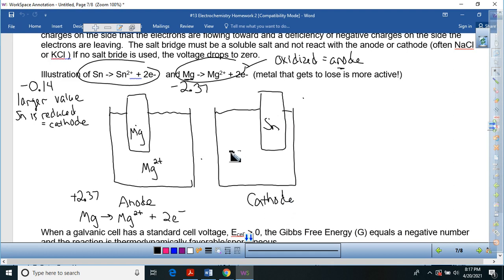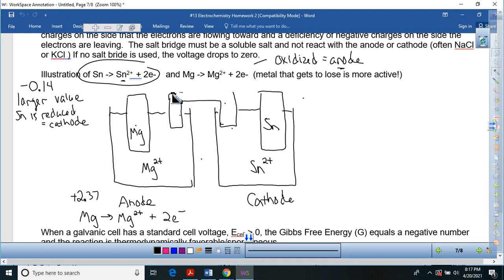And then I also have my solutions in the beaker that allow that flow of electrons. So on the magnesium side, I have magnesium 2 plus. On the tin side, I have Sn 2 plus. All right, and then between these two beakers, I have what's called a salt bridge.